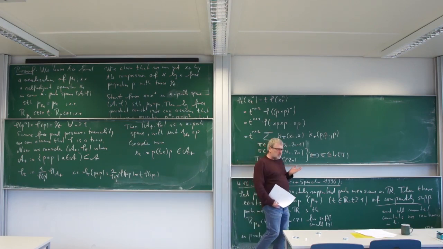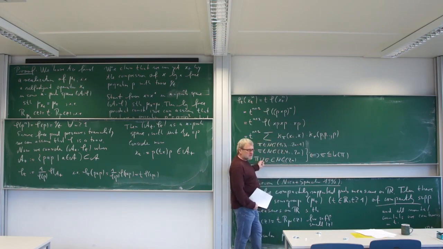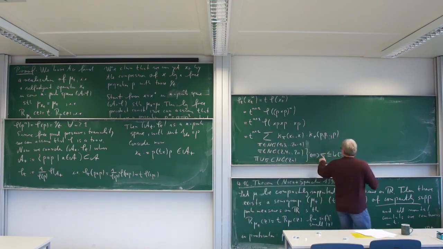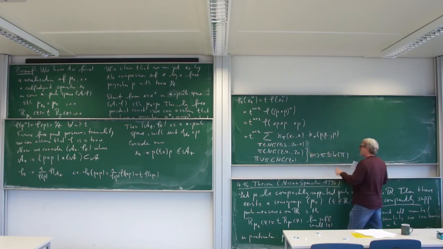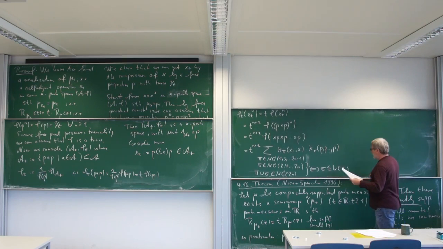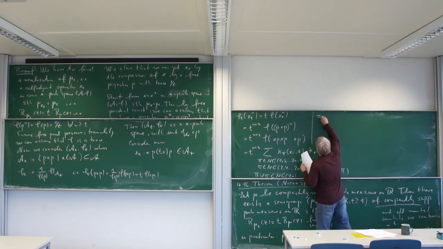And if you take a smaller one, of course you still have this property. So if π is fixed, you are summing over the σ's with this property. So what we have here is then t to the n plus 1.